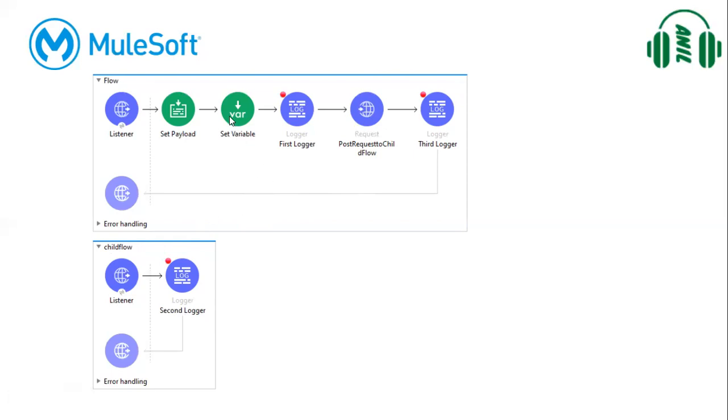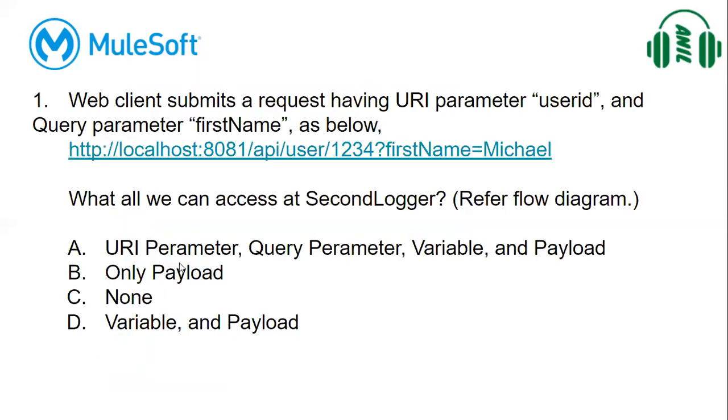So you cannot access this variable in your child flow. And also payload. We are sending the payload because we are doing a POST request to the child flow, so we can access payload here. So the answer is we can only access payload. B, only payload.